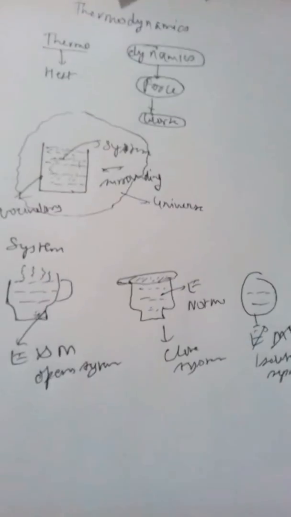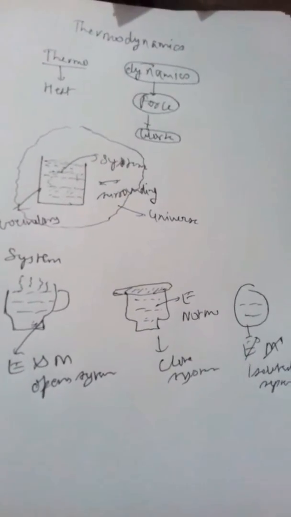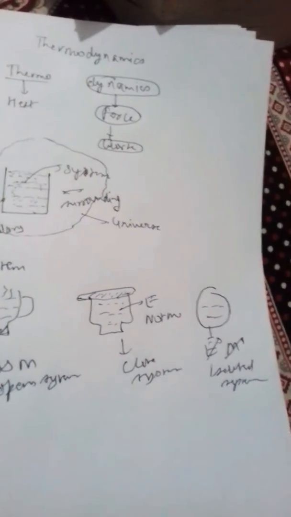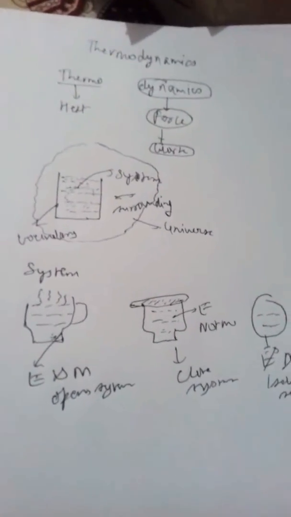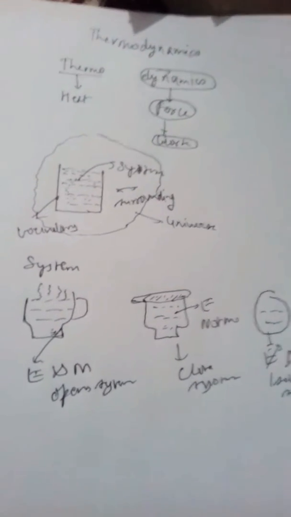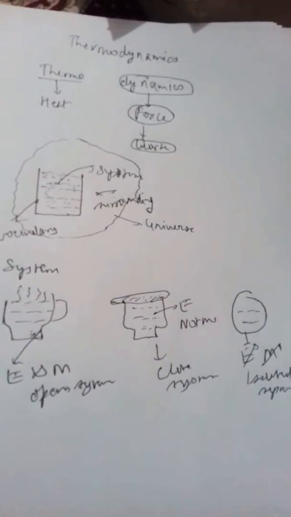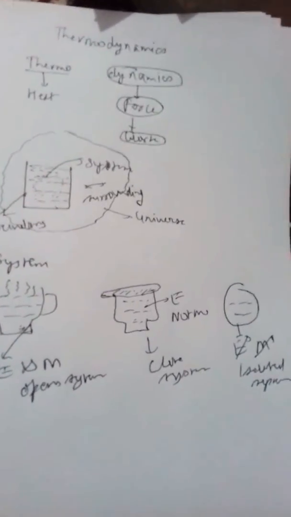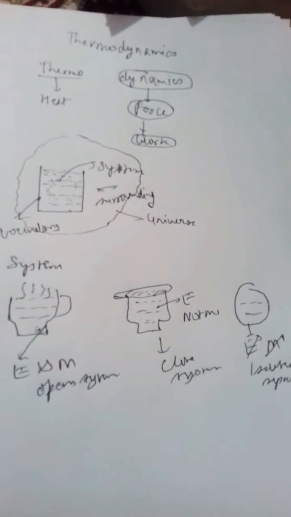Now there are three kinds of system for us. One is open system, another is closed system, and next one is isolated system. In open system, energy and mass will cross the boundary. In closed system, only energy will cross the boundary, mass will not. And in isolated system, energy and mass both cannot cross the boundary.